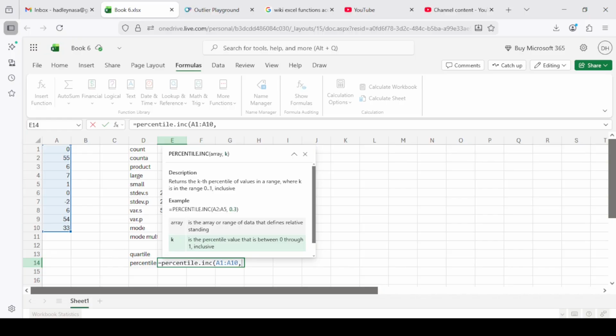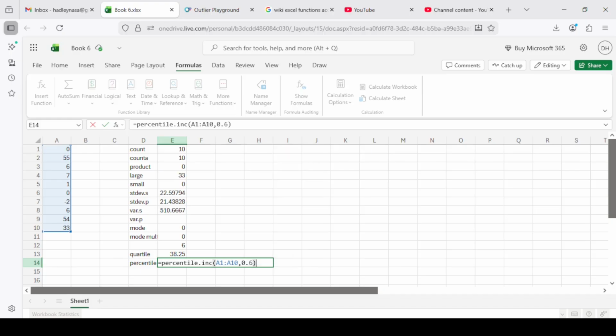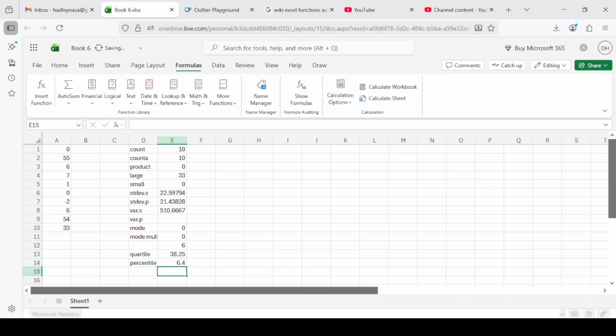Like, so the top 30% or the top 60th percent or whatever, instead of specifically 0.75 or 0.25 for the different quartiles. So if I want 0.6, that's going to give me the threshold for anything that's in the top 60th percentile. And in this case, that is 6.4. So anything above 6.4 is in that top 40%, as it were.